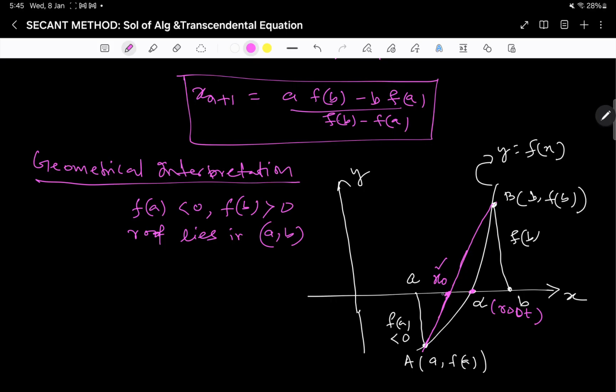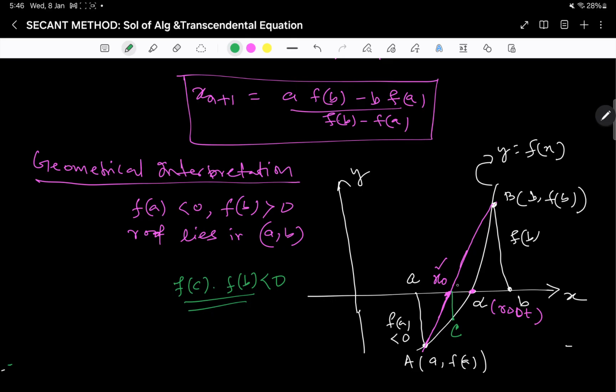Accordingly, if I draw a perpendicular here, let this point be c. Now f(c) into f(b) is negative, so the root again lies between c and b.